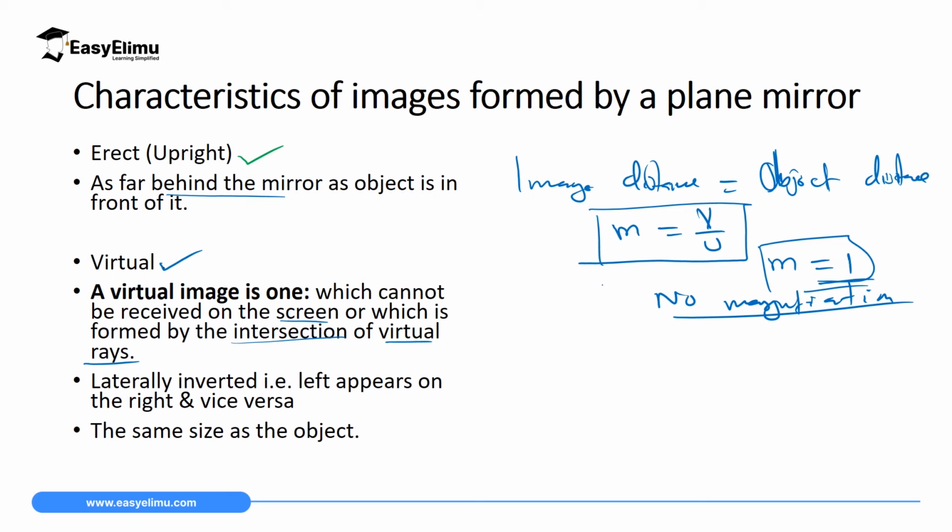If you have ever used a plane mirror, if you are in front of a mirror and you raise your left hand, you will see that it's a right hand which is rising inside the mirror. And if you raise your right hand, you will see a left hand rising. That's what we call lateral inversion.